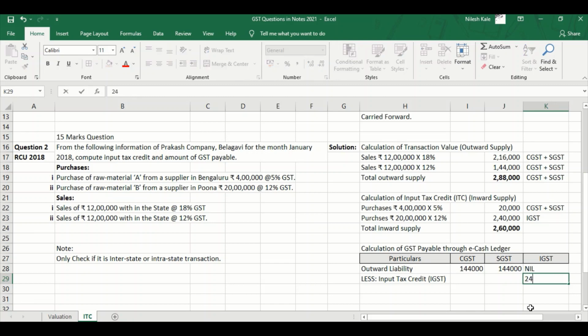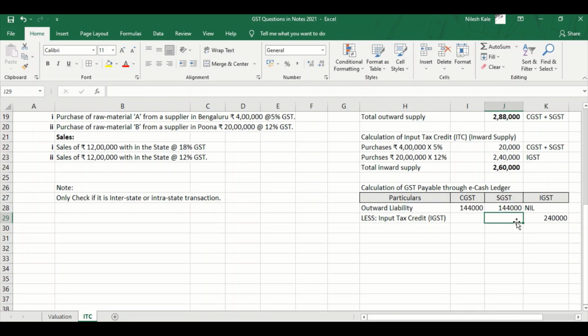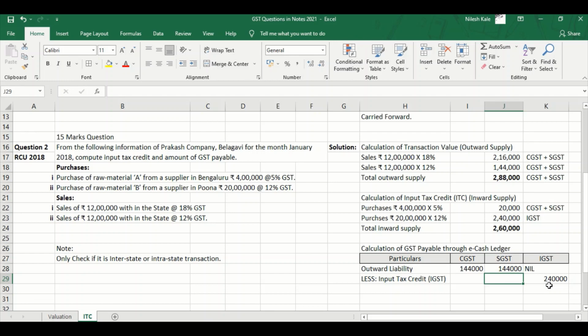Instead of writing 2,40,000 over here, what I do is that 2,40,000 will be used for these two purposes, right? Now there is a case to consider. We'll first check if CGST credit is available more, then we will use maximum IGST for SGST. If SGST credit is available more, then we will use IGST credit for CGST payment.